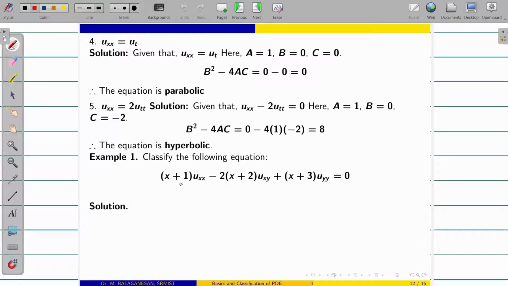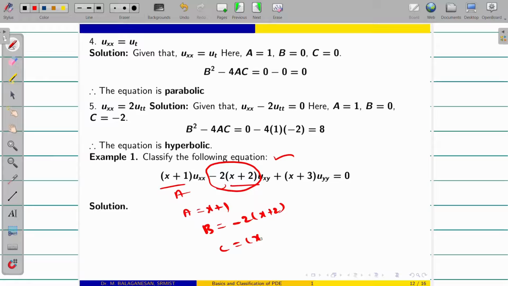Now come to this. Sometimes they may ask for 4 marks questions, such kind of problems. The previous one, simply what you solved, that and all will take place for MCQs. So x plus 1 variable is there, u double x coefficient. This is A. What is B here? A equal to x plus 1. B is equivalent to minus 2 into x plus 2, including sign you have to consider.